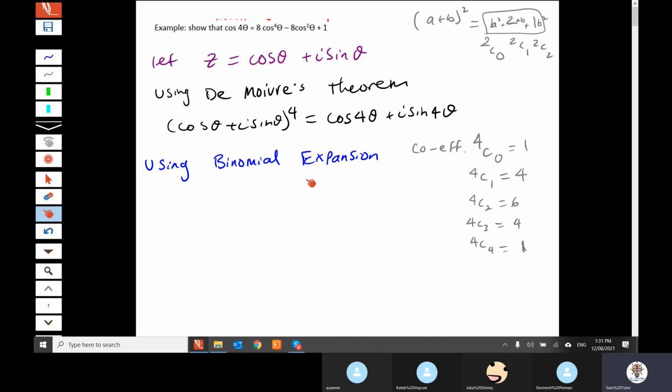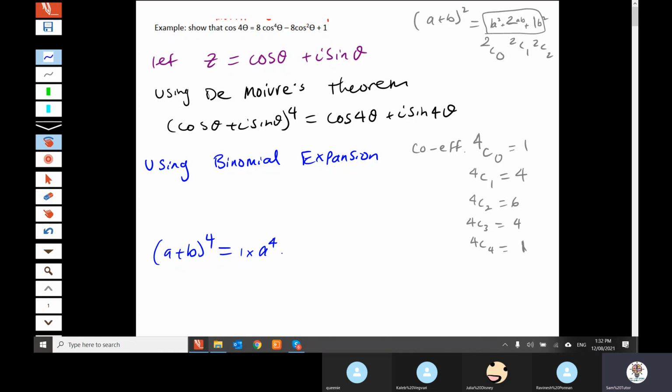So let's try that before I do this one here. Let's do a plus b to the power of 4. Who wants to try this? No? All right, I'll do it. Coefficient is 1, which usually you would ignore, times, what's going to be my first term?